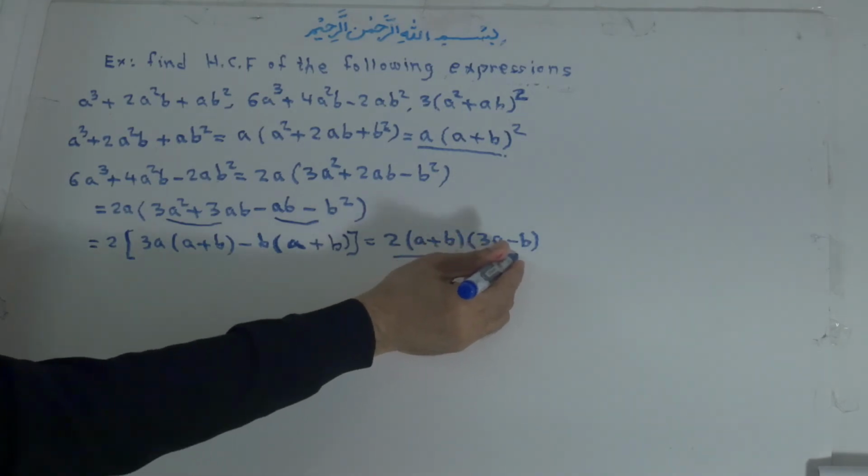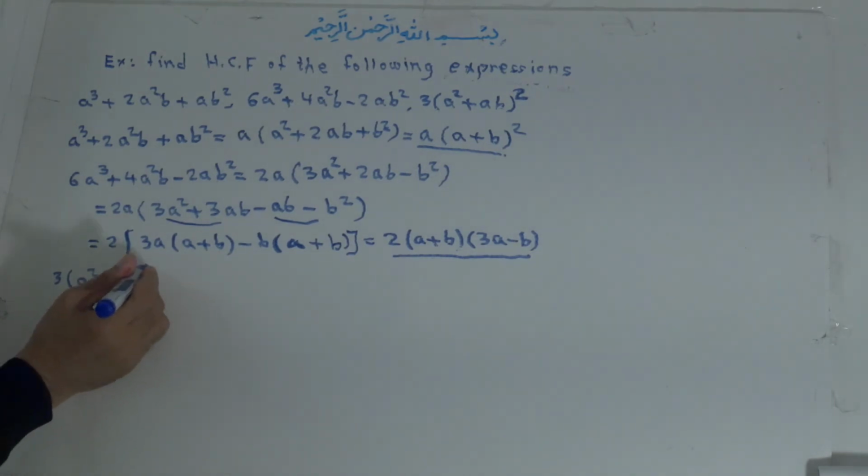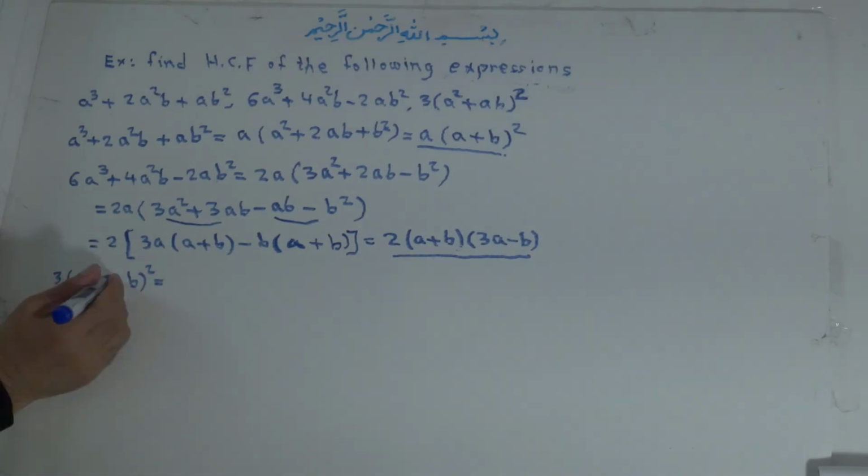So this is for the second expression. For the third expression, there is 3a to the power of 2 plus ab, all to the power of 2. We can factor a from these, and here is remaining a plus b.